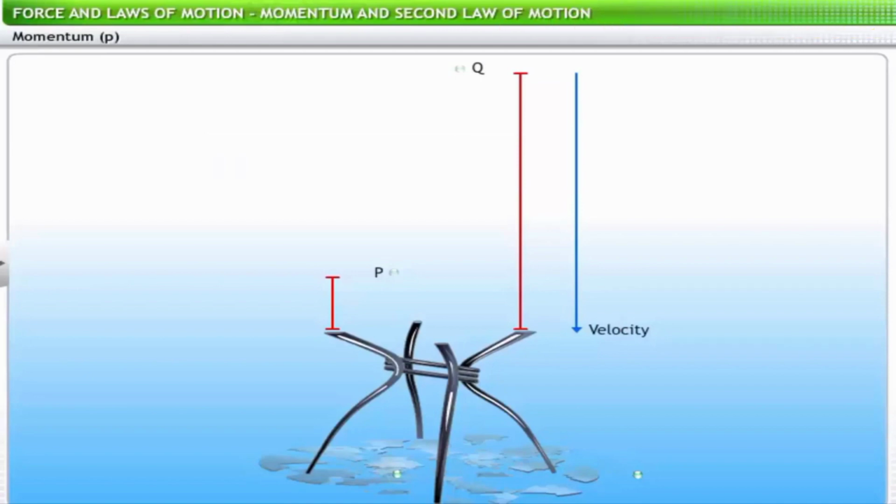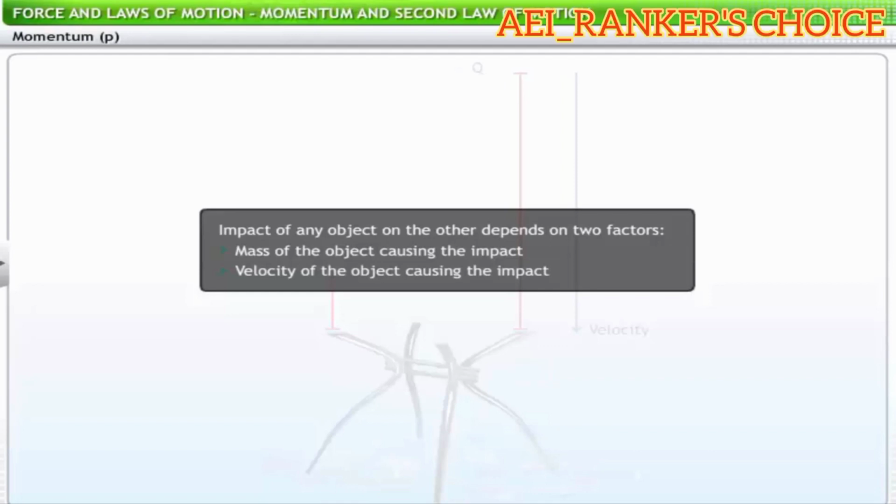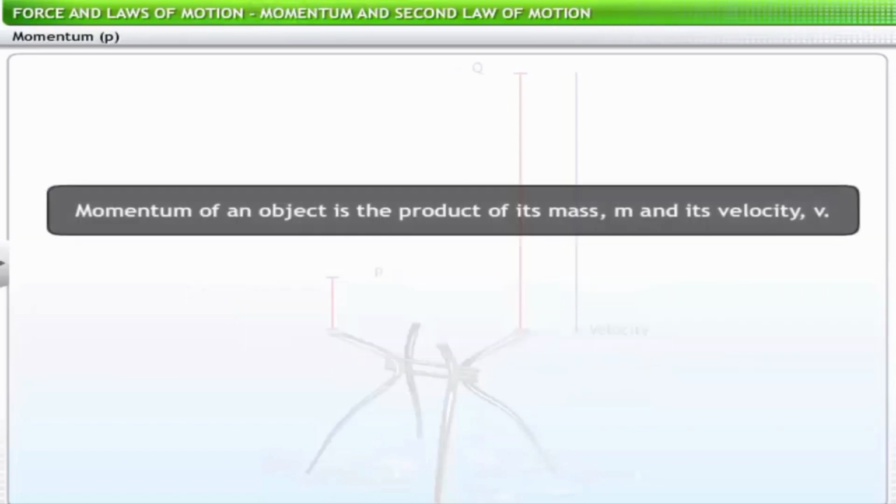Based on these observations, we can say that the impact of any object on the other depends on two factors of the object causing the impact, namely, its mass and velocity. These two factors together constitute a physical quantity, called the momentum of a moving object. The momentum of an object is the product of its mass, m, and its velocity, v.